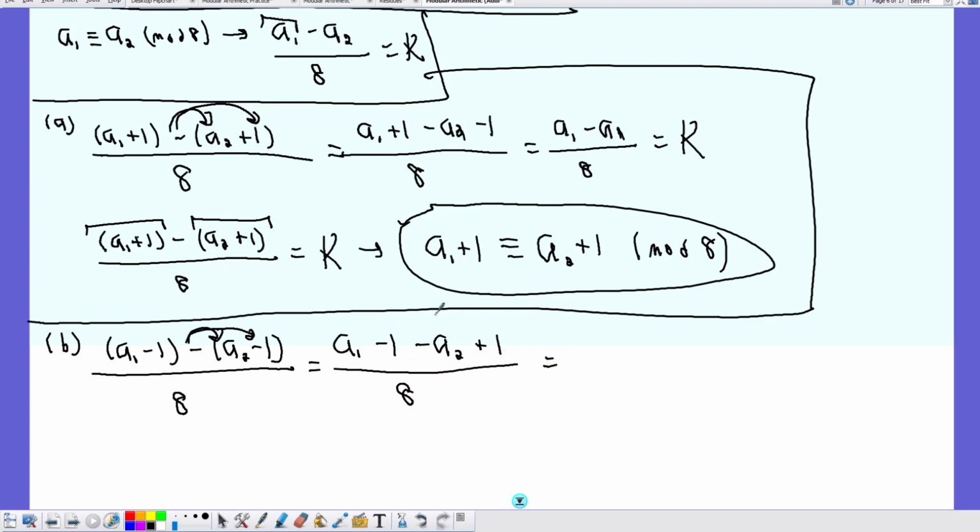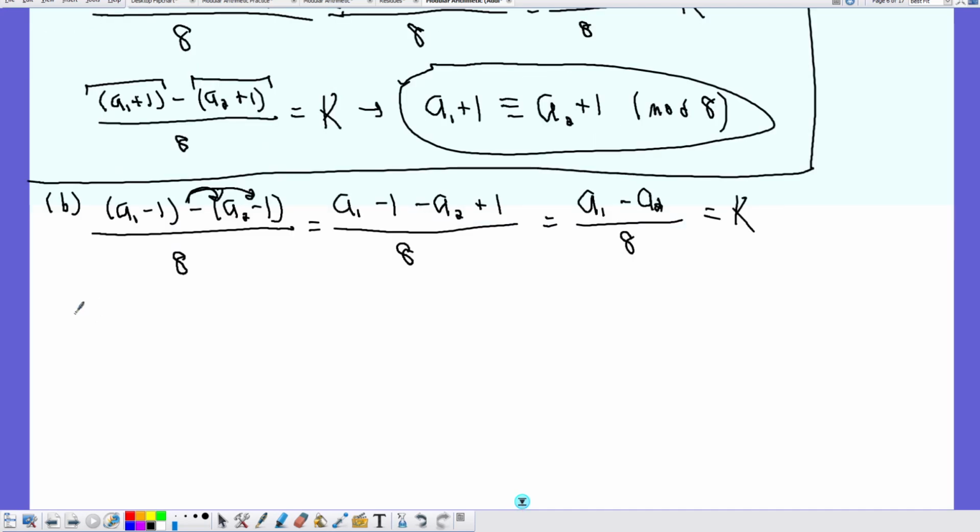Well, we have negative 1 and positive 1. They're going to cancel out, and we have a1 minus a2 over 8 again. And we know that's equal to k.